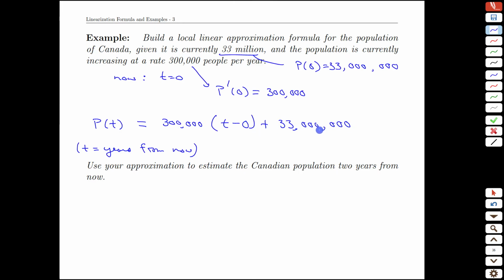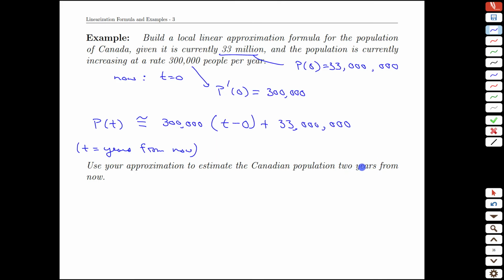So if t was 0, we would get exactly 33 million. As t gets bigger, the more we add to t, the more influence this growth has on our population. And we just note that it's going to be an approximation because we're not always going to have this 300,000 per year, but for small time intervals, it's probably a good approximation.